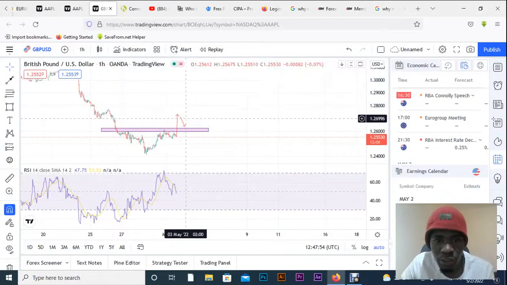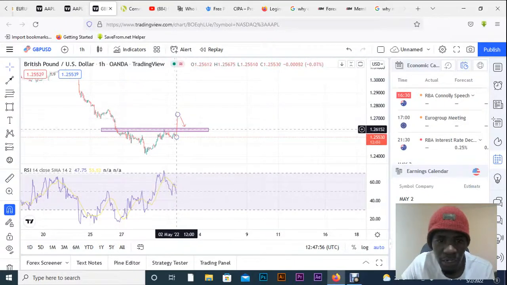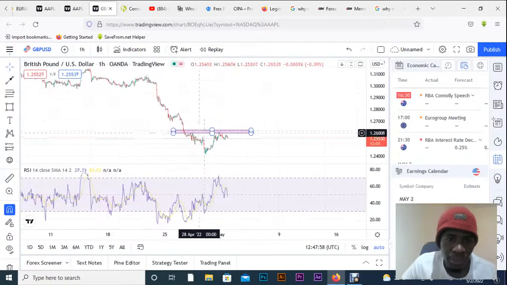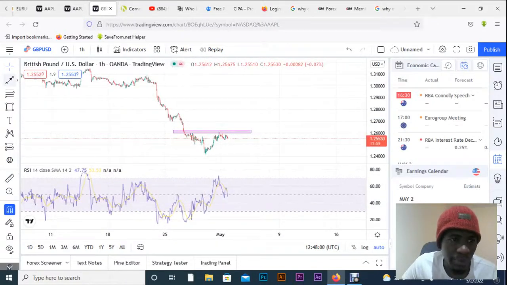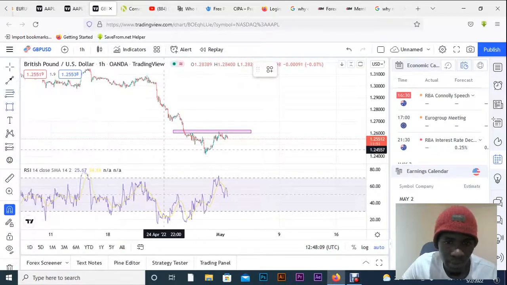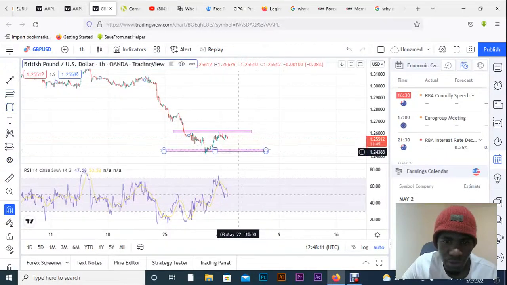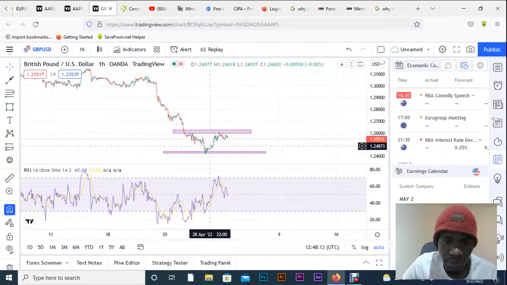But we can also enter with a buy limit at this level. You can see this level, this is where the swing low was.